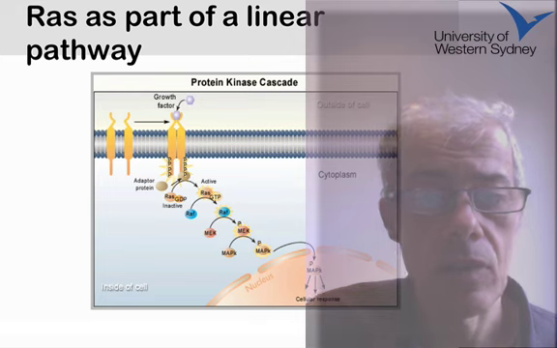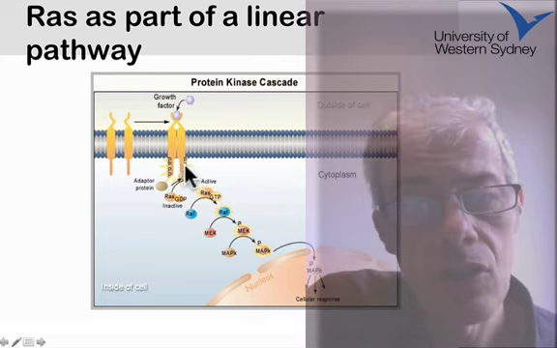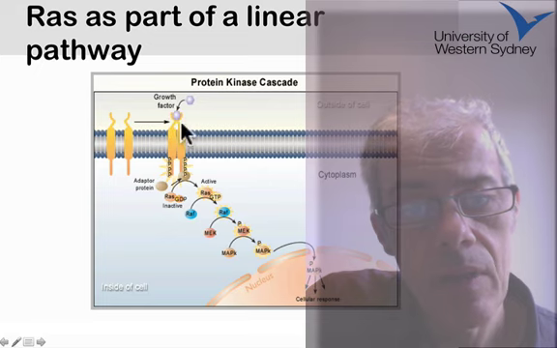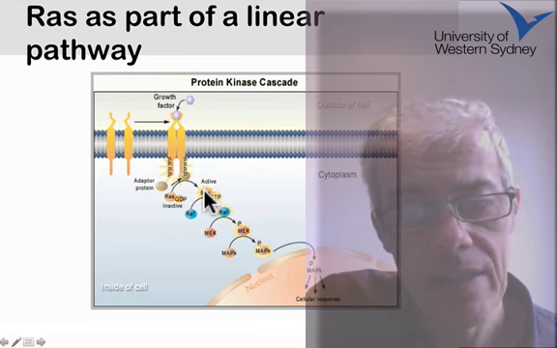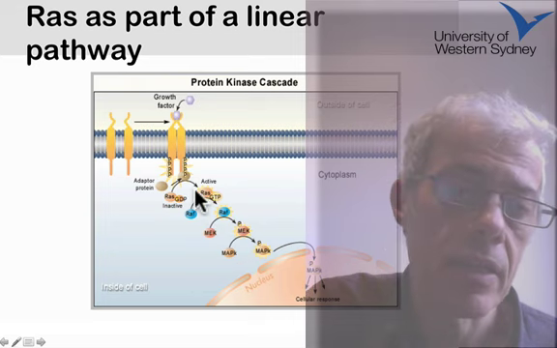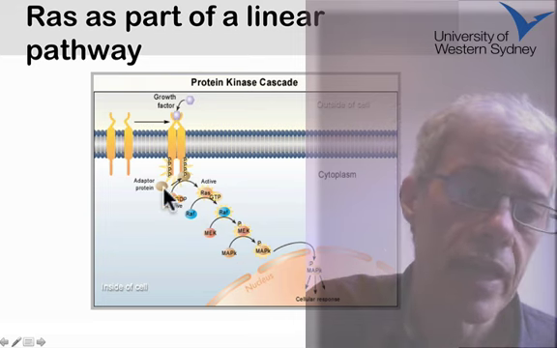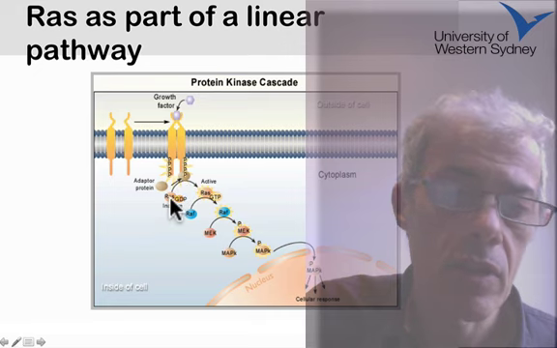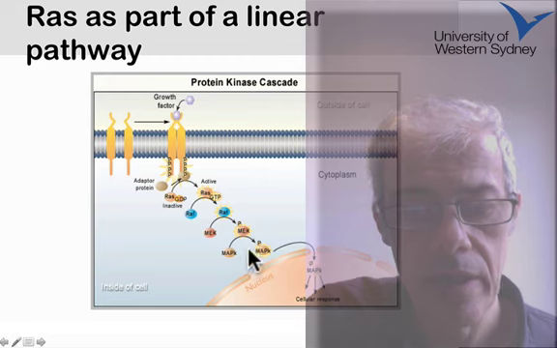Here's a dodgy diagram from one of the chemical companies showing the receptor tyrosine kinase being activated, leading to RAS activation and the MAP kinase activation. It's not really showing the GRB or the SOS in any detail, but it's a nice one that just shows RAS being activated and then the MAP kinase pathway being activated.